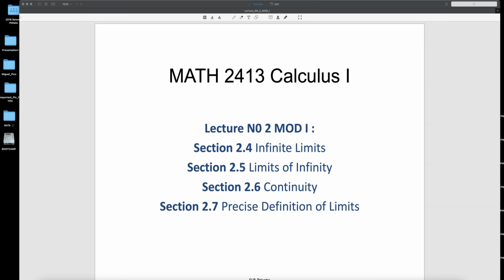One is infinite limits, and the other is the behavior when the independent variable becomes larger, larger, and larger. What is going to be the behavior of the function? Based on that, we are going to use those concepts to evaluate some limits and also to introduce continuity.